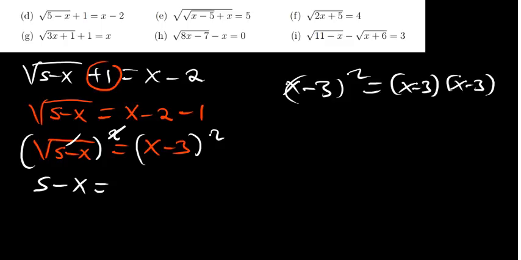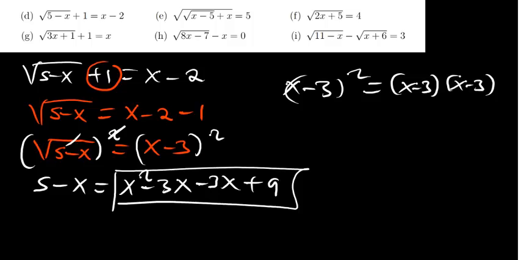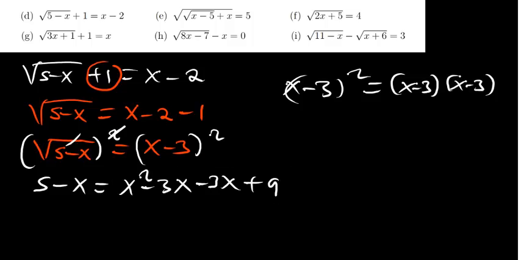So I can expand. x times x is going to give me x squared. Then x times negative 3 gives negative 3x. At the same time, negative 3 times x gives negative 3x. Then negative 3 times negative 3 gives positive 9. Anyone who is behind in terms of expanding this? We are okay?